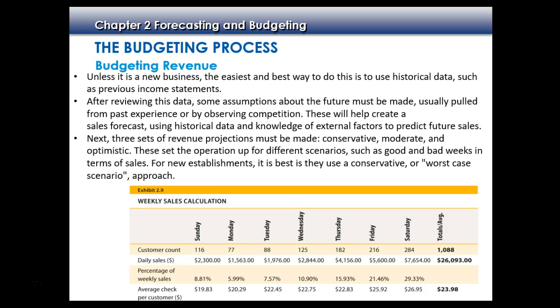Or like I said, if it's a new restaurant, what's around you, what other people are doing. If you're opening a franchise, they have records of what they're projecting your sales to be as well.